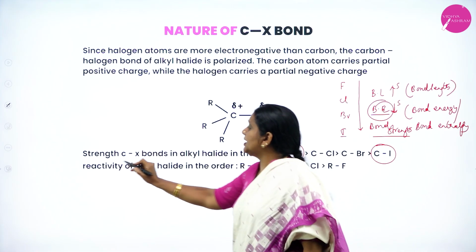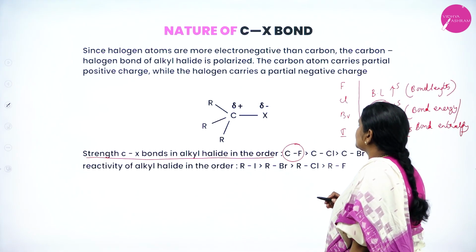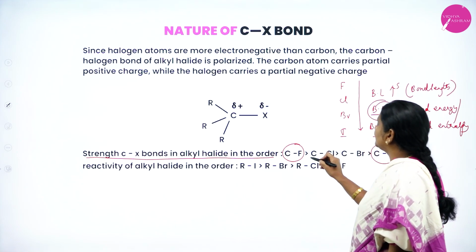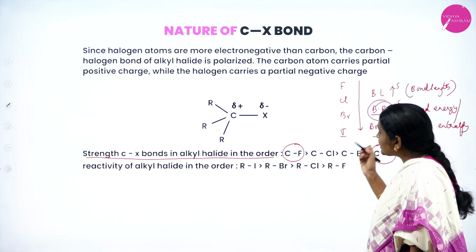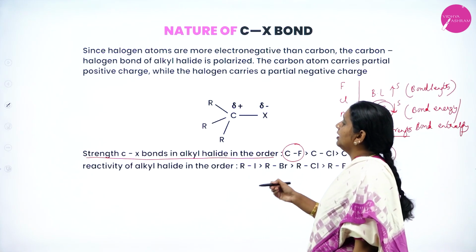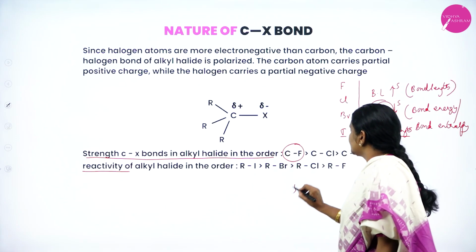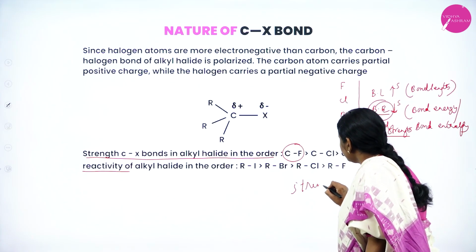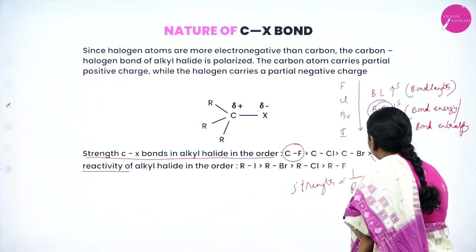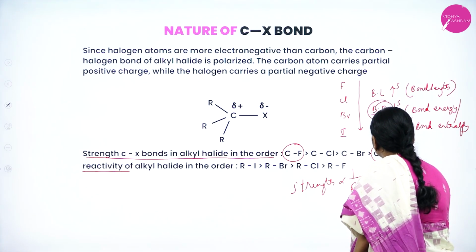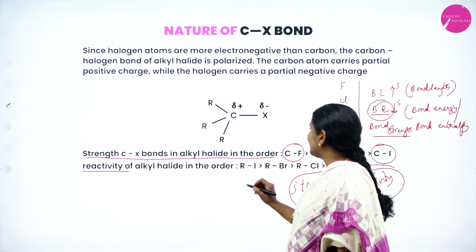Therefore, what is the order of strength of CX bond? CF has more strength than CCl, than CBr, than CI. As strength and reactivity are inversely proportional, what's the reactivity order?